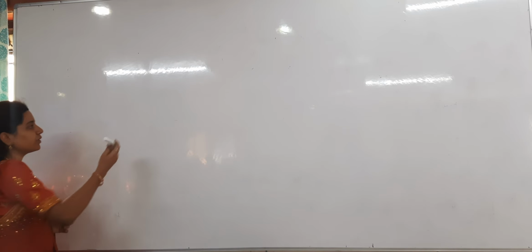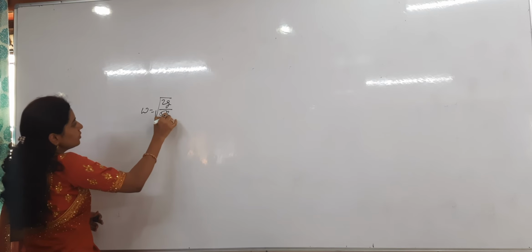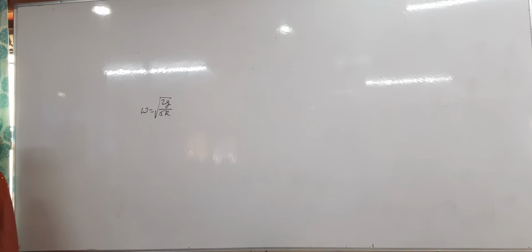Omega is equals to under root 2G by 5R is the answer. You got that? How many of you got? Raise your hands. What about the remaining people? You people are sleeping, I think.